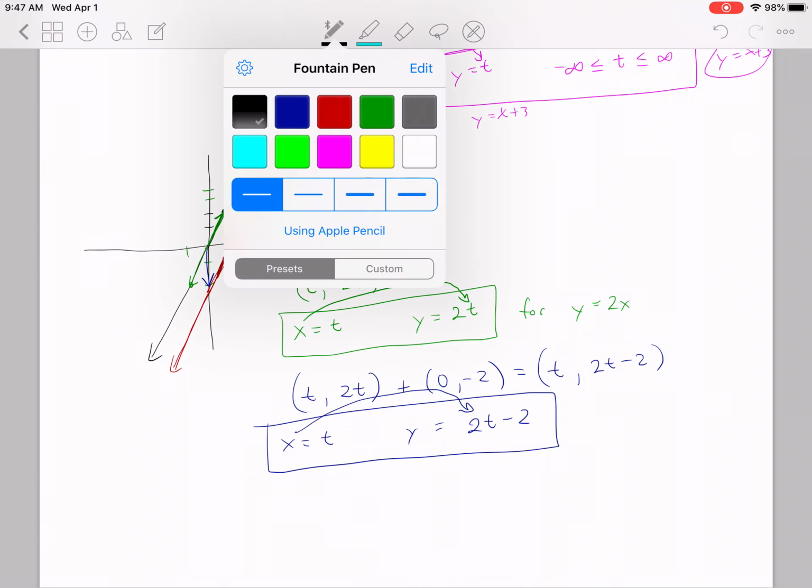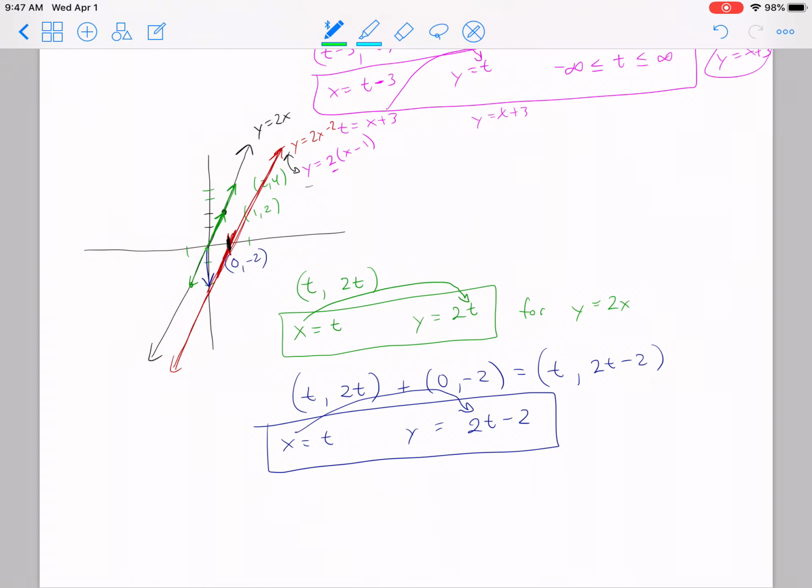Again, like I was doing before, I could have used a horizontal vector, the vector 1, 0, to shift all of my other vectors over and put me onto that line. It would have been t, 2t, our same slope line, plus this time 1, 0.